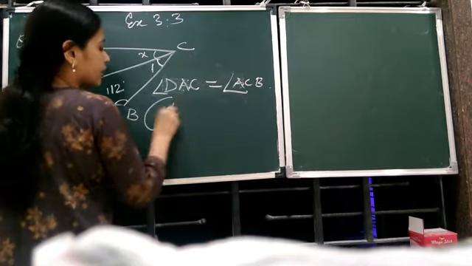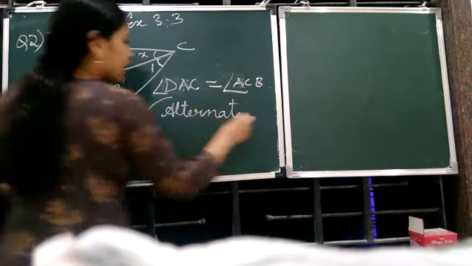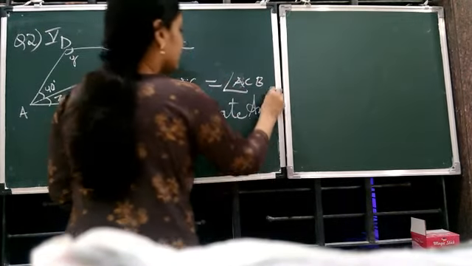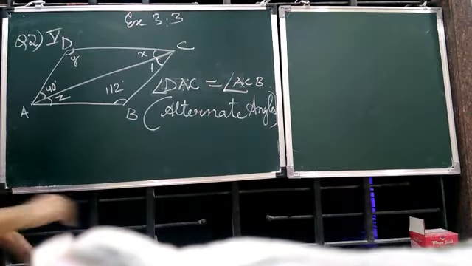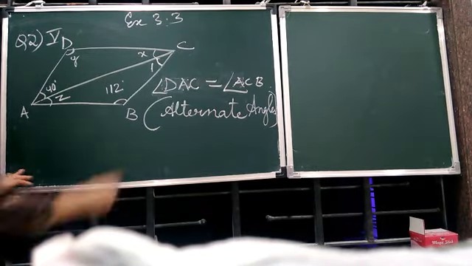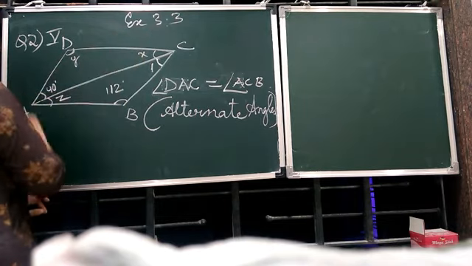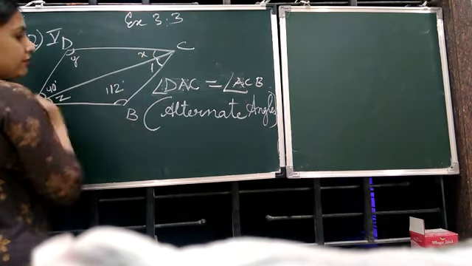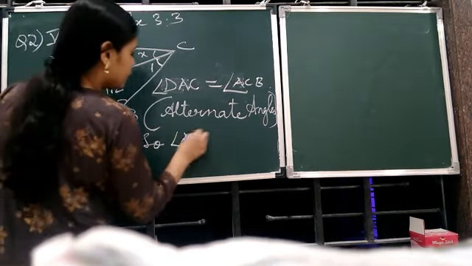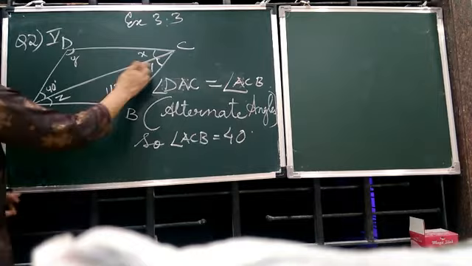Why? Because they are alternate angles. Since angle DAC is 40 degree, angle ACB will also be 40 degrees. So, angle ACB is equal to 40 degree.